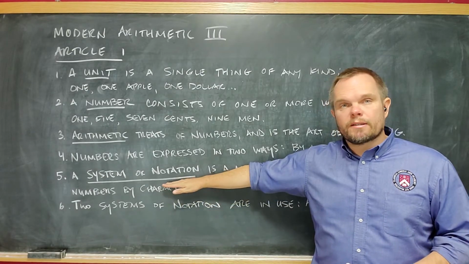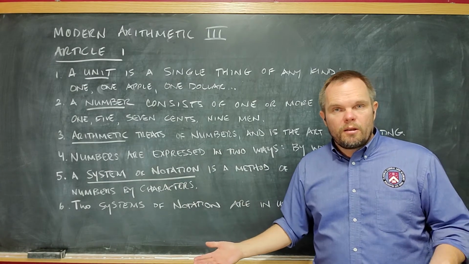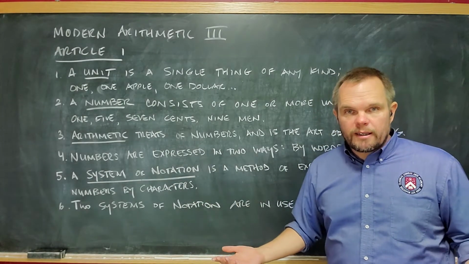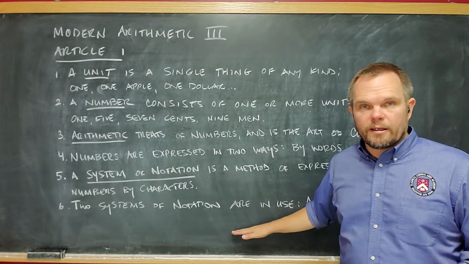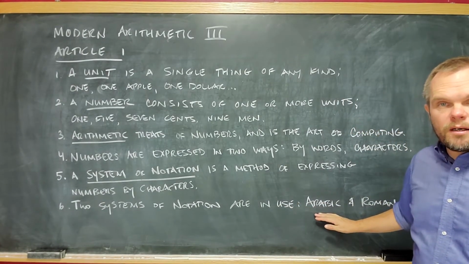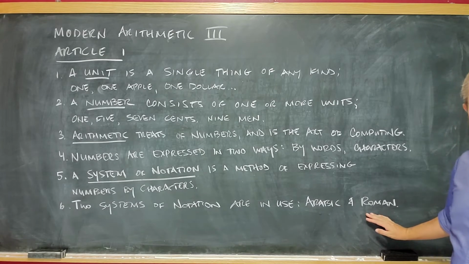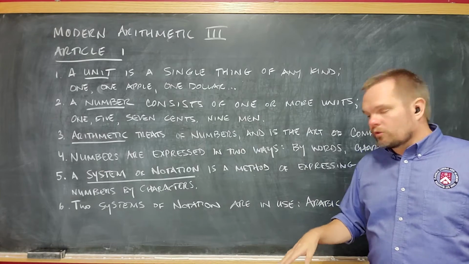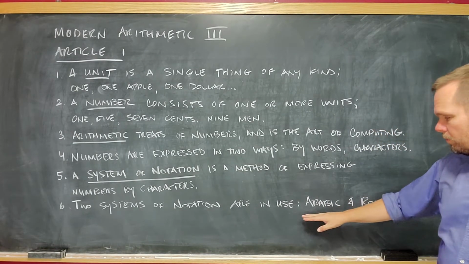And there are different systems of notation because different people expressed numbers in different ways in different places. And 2 examples, the 2 most important examples, are the Arabic system of notation and the Roman system of notation. Okay? Today, we use both of these systems.